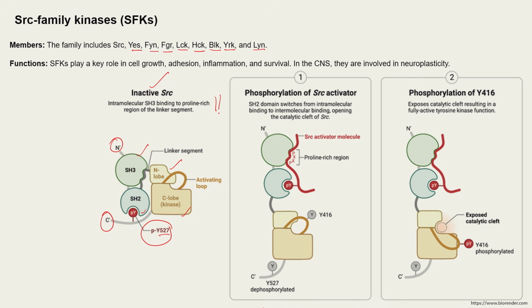This is just a reference point to remember that multiple events might be happening, but one pretty straightforward thing is a phosphorylation event of tyrosine at one particular location. Now this is inactive.